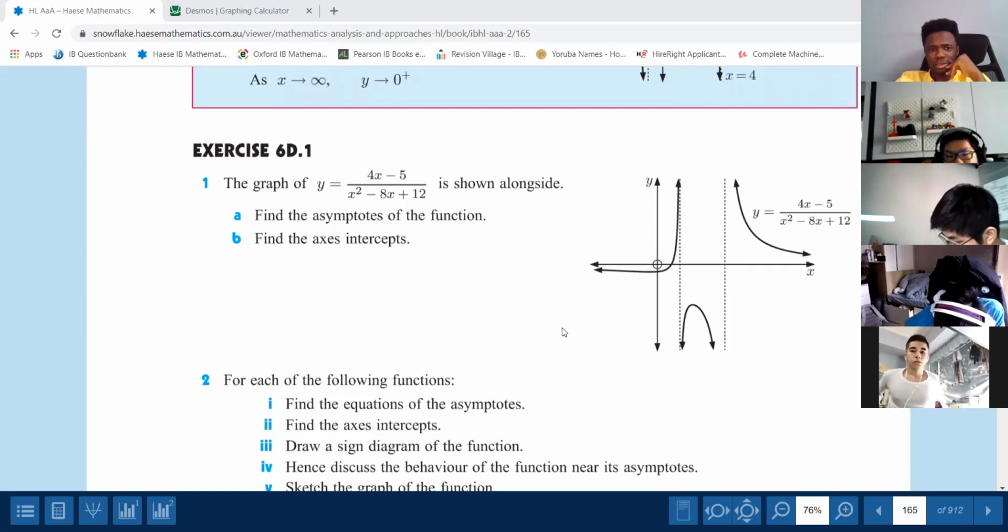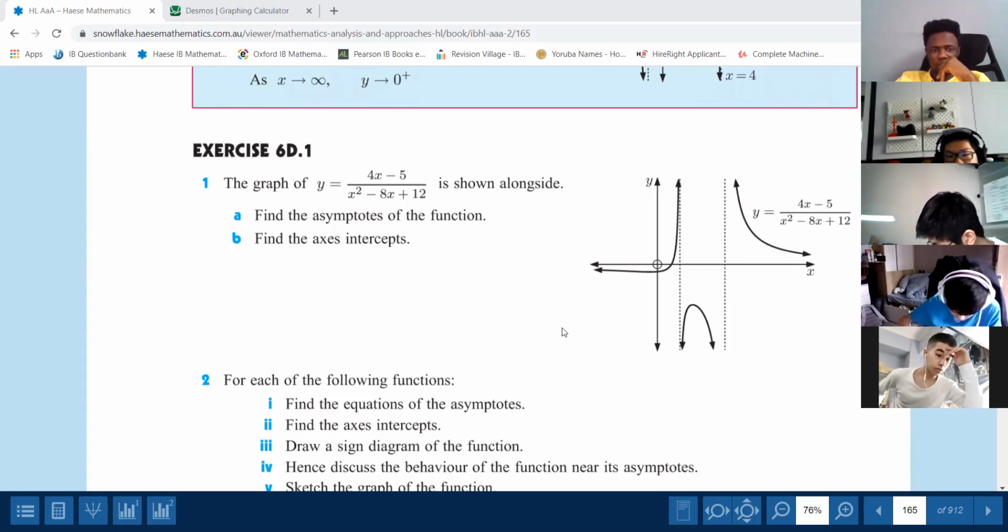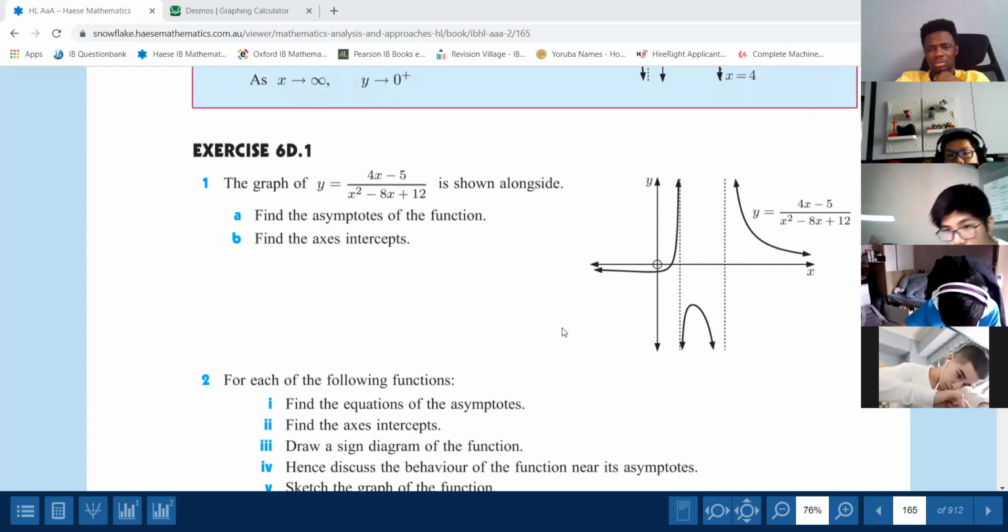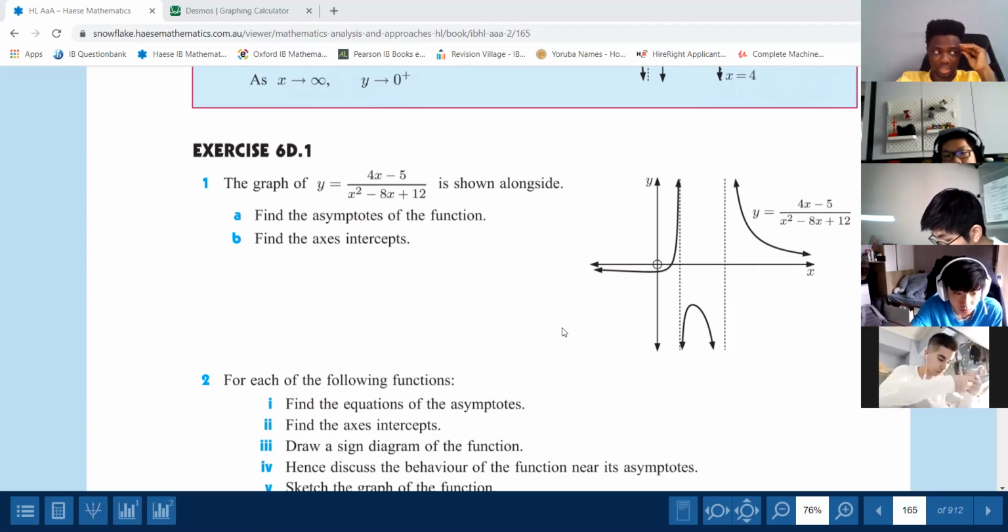Horizontal asymptote is correct. Vertical asymptote is correct. There is no x-axis. Nobody asked for x-axis. The question is x-intercept. You could write x-axis intersect because it says axis intersect.